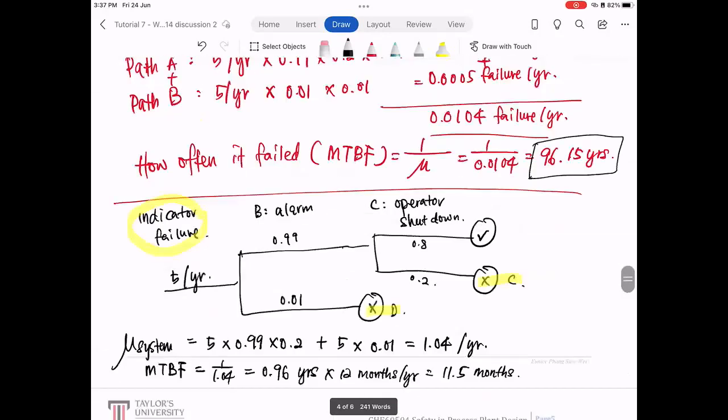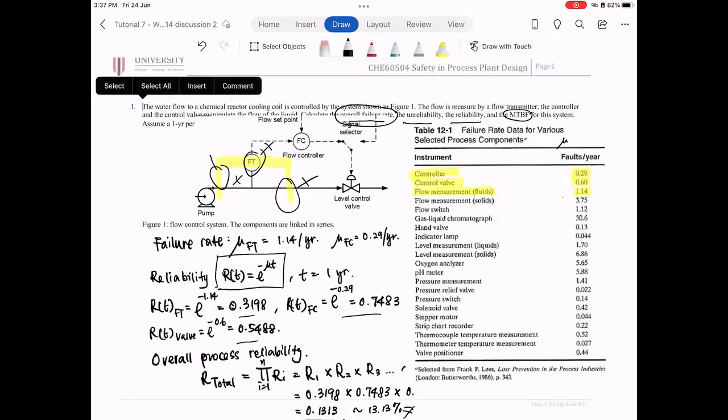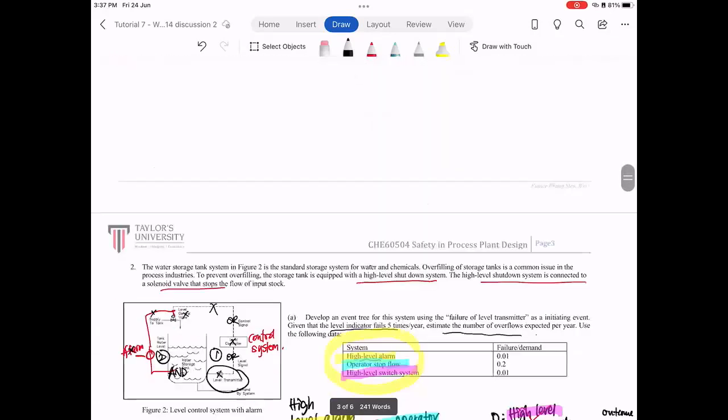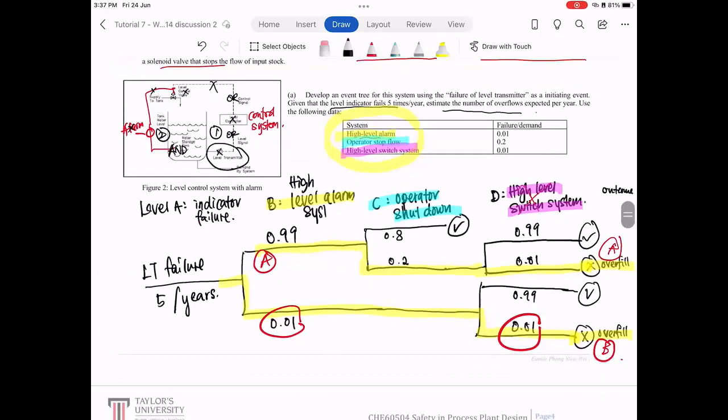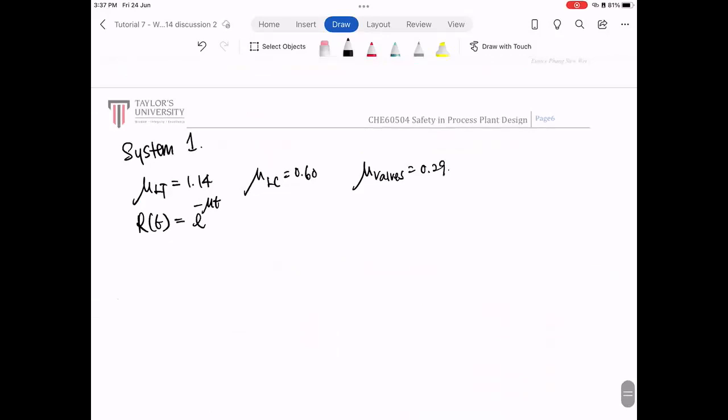So the overall process reliability, maybe I'll just copy down the answer here. So let me just remember the numbers. R for level transmitter is 0.3198.